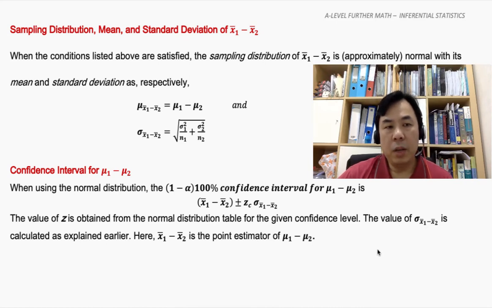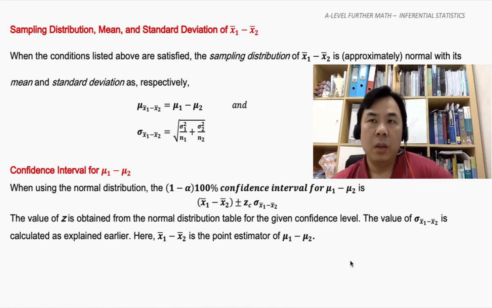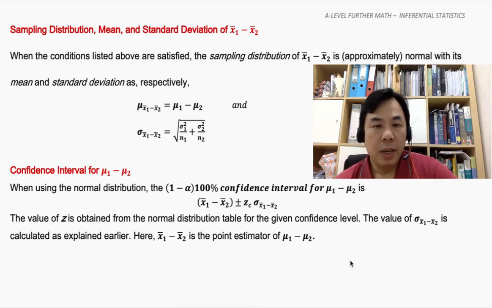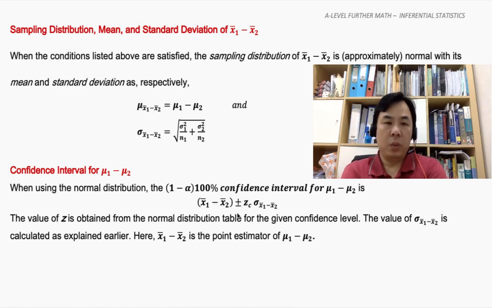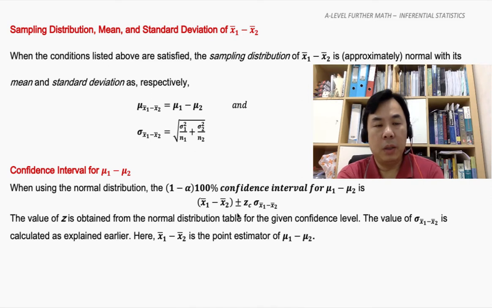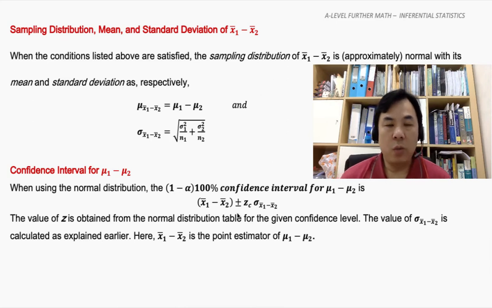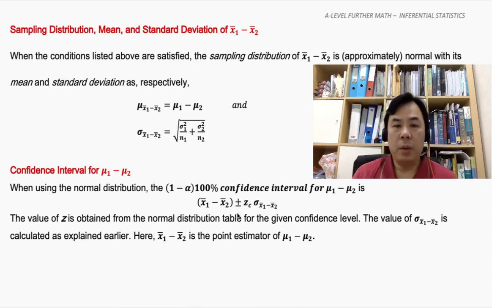Now next, for calculations of confidence intervals for the difference between the two population means, the formula will be given as such. And because we know the population variance or standard deviations, we're going to assume that the population is normally distributed, given that the sample size is large enough. Even though the sample size is not huge enough, we have to make the assumption that it is being drawn from a normally distributed population.